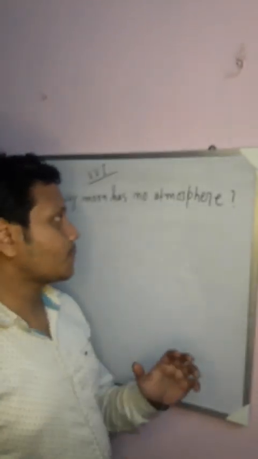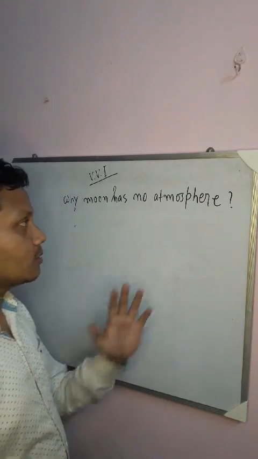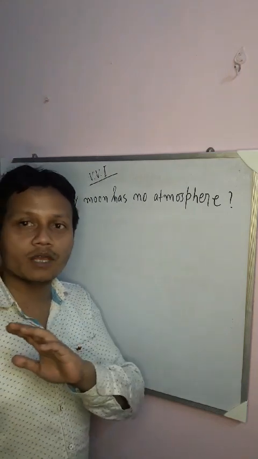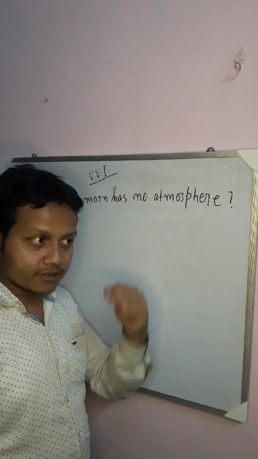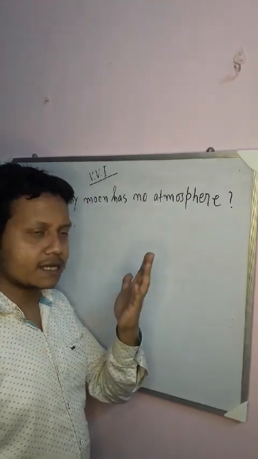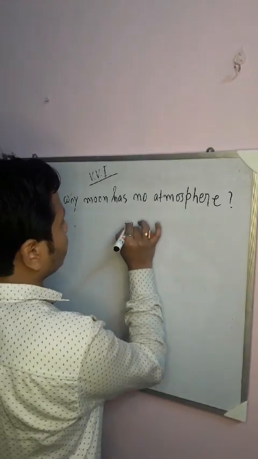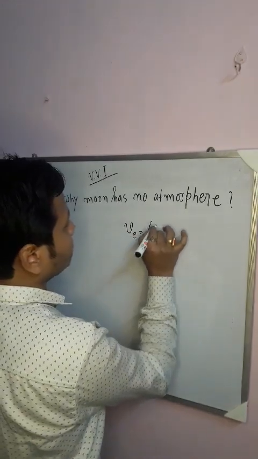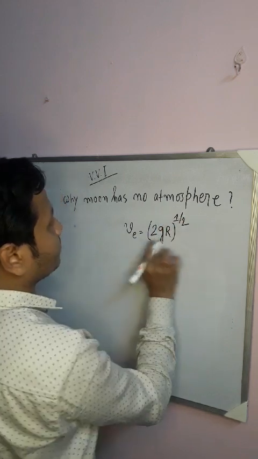Now previously I have told about the escape velocity. Okay, I told about the escape velocity, that is the minimum velocity with which a body is projected so that it can leave the gravitational pull of Earth, or you can say any other planet. Now there we see that the escape velocity depends upon the radius and acceleration due to gravity of the planet.